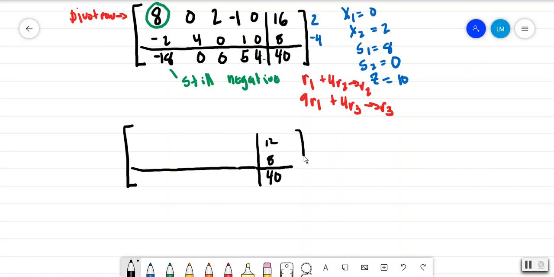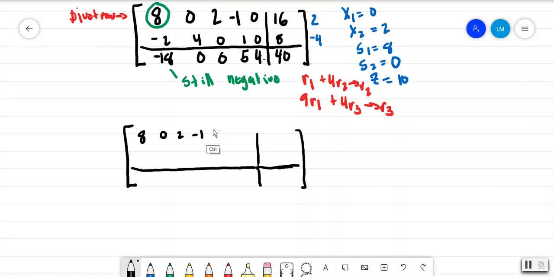And let's go ahead and close this. Now, we know that the top row is going to stay the same, so in that case we have 8, 0, 2, -1.